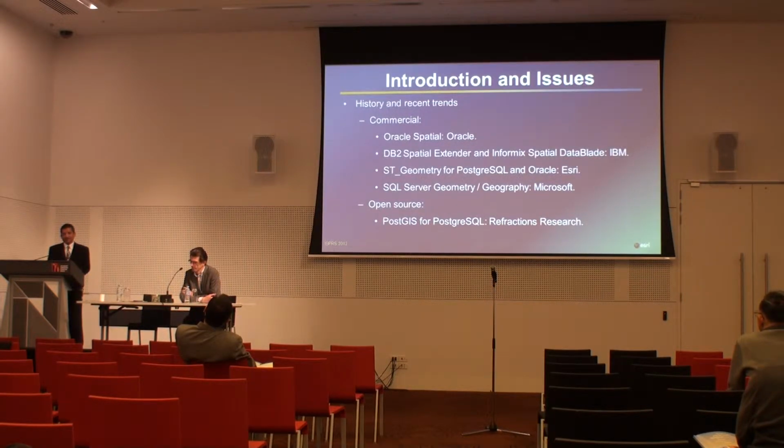SQL Server geometry type and geography type from Microsoft. So these are the commercial software, but apart from this, the open source community is also very active, and one of the important types we have is PostGIS for PostgreSQL, from Refractions Research. So this is the open source spatial type available.